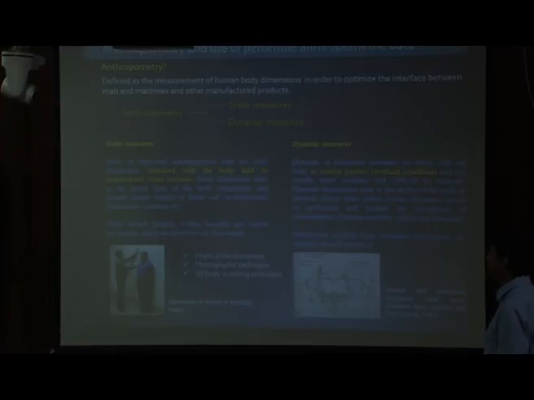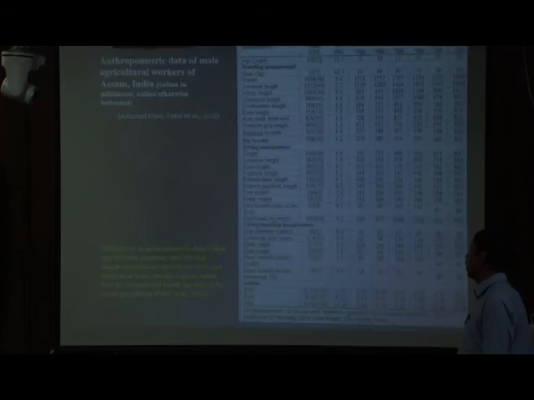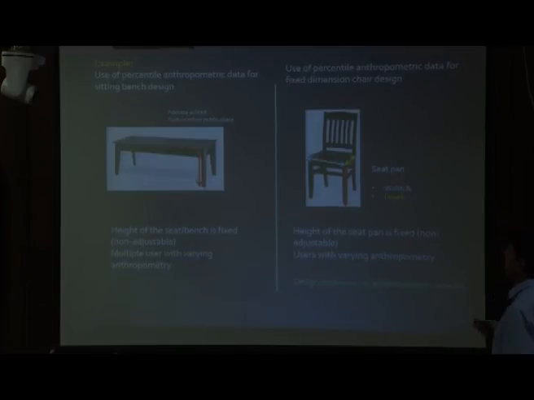Then we discussed anthropometry, what is anthropometry, what is biomechanics, various types of anthropometric data, its percentile calculation, biomechanical data, and its use for design purposes. We also took the example of how percentile anthropometric data is used for a bench design, where multiple users are there. At the same time, how we can use various percentile anthropometric data for designing a facility like a chair.